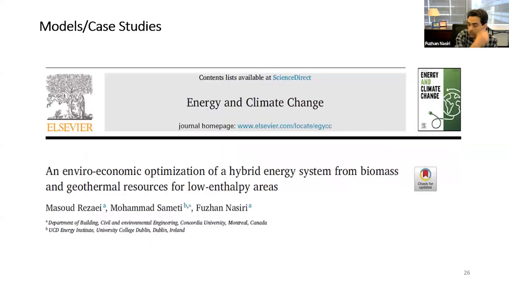Last study that I want to mention: the first one was at the building scale with 2 different energy storage. The second one was at the community scale with 2 different renewable energy technologies.